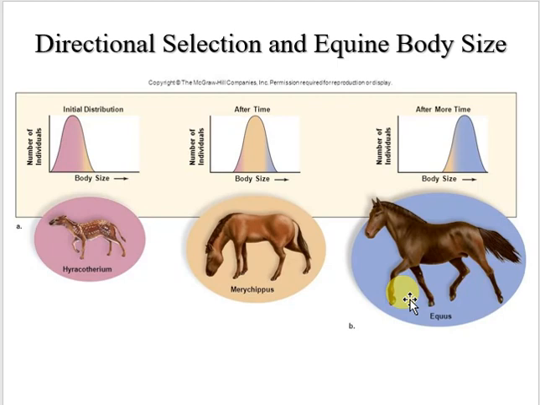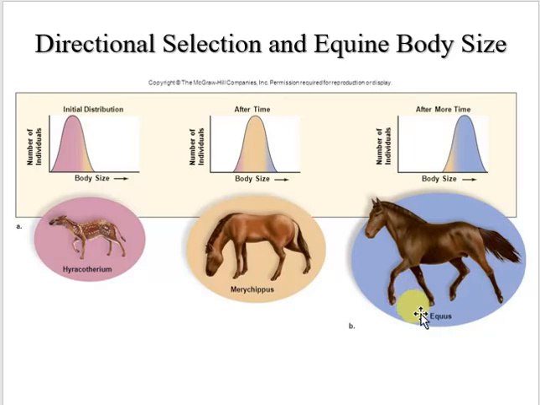The ancestral horses would increase body size because that's favored for grassland habitats. By having a larger body size, or the body size that we see in modern horse species, it enables them to run farther and faster because they have longer legs, they have larger muscles, and they also have a greater lung capacity.